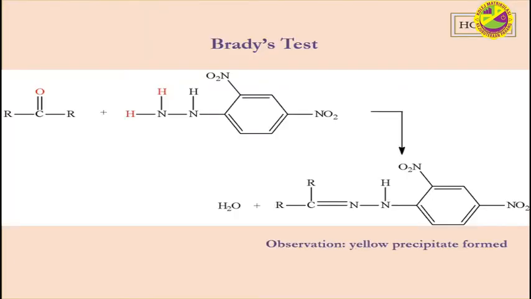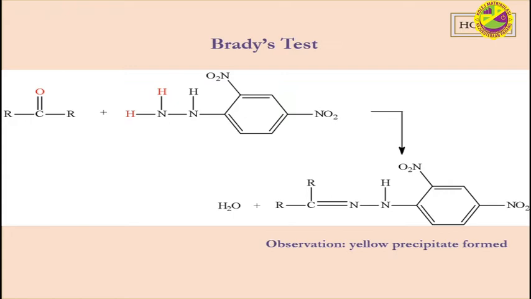Let's look at the equation for Brady's test. The Brady's reagent is 2,4-dinitrophenylhydrazine. If a carbonyl compound reacts with 2,4-dinitrophenylhydrazine, the oxygen from the carbonyl compound and 2 hydrogens from 2,4-dinitrophenylhydrazine are eliminated as water. The product is now carbon that is double bonded to the nitrogen of 2,4-dinitrophenylhydrazine.